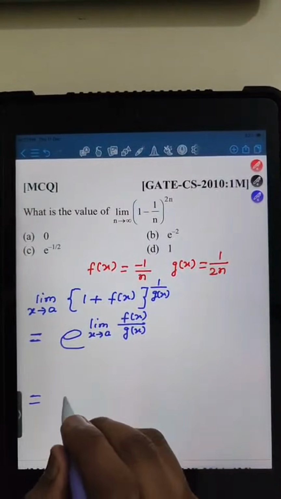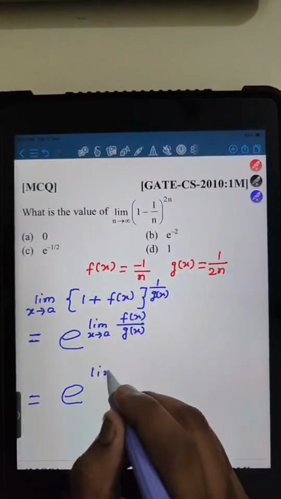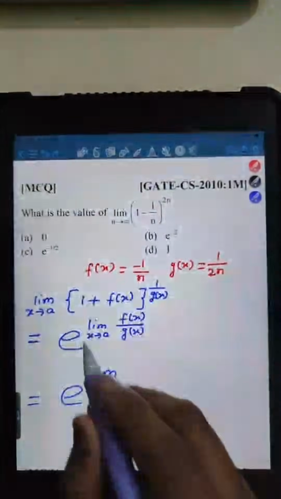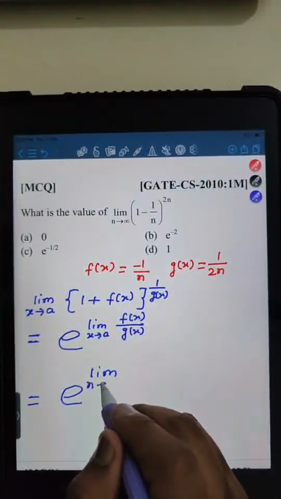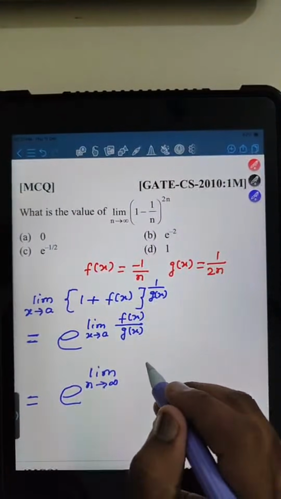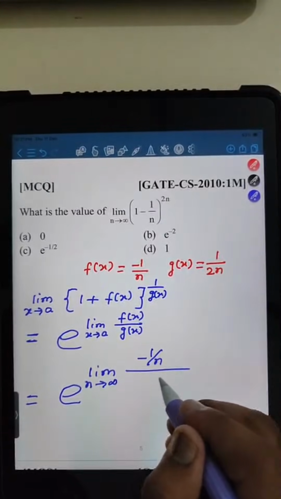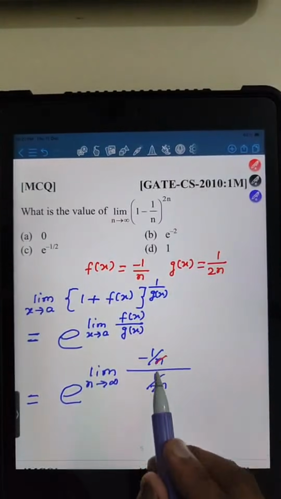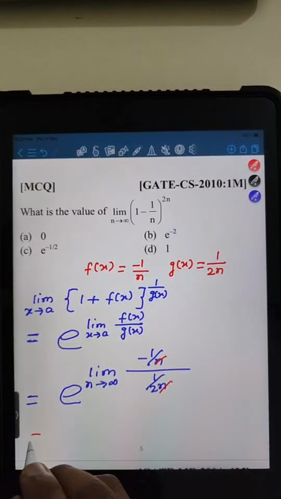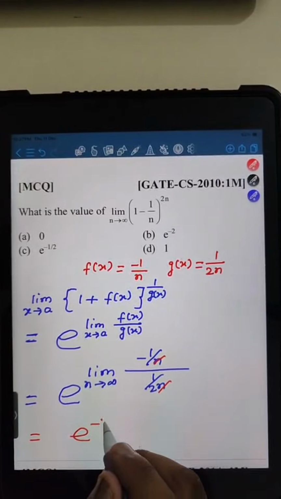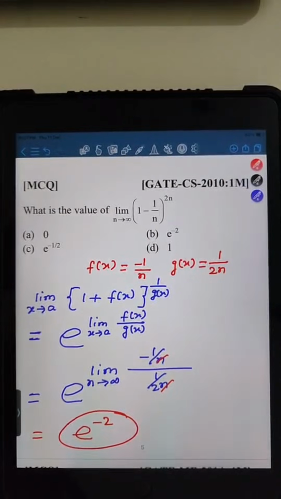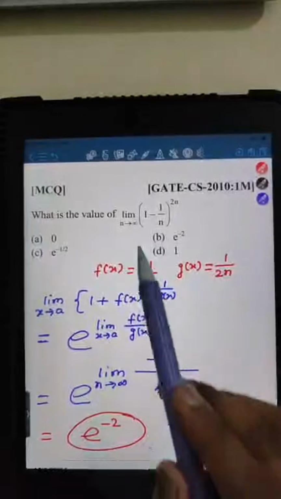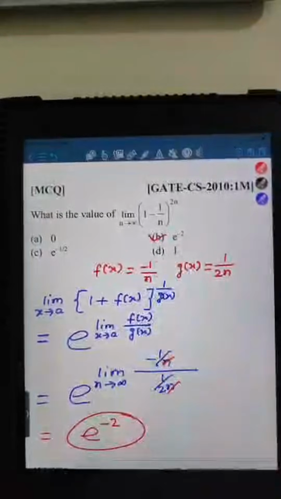So you can directly write the value of this limit as e raised to the power limit, sorry, n approaching infinity, f(x) is minus 1 by n, g(x) is 1 upon 2n, right? You will get n cancelled out and you will be left with e raised to the power minus 2, right? That is, option B is the correct one.